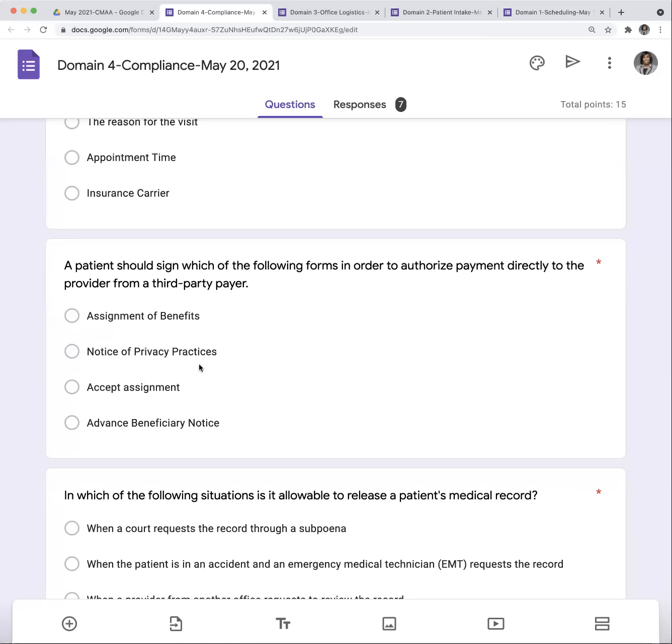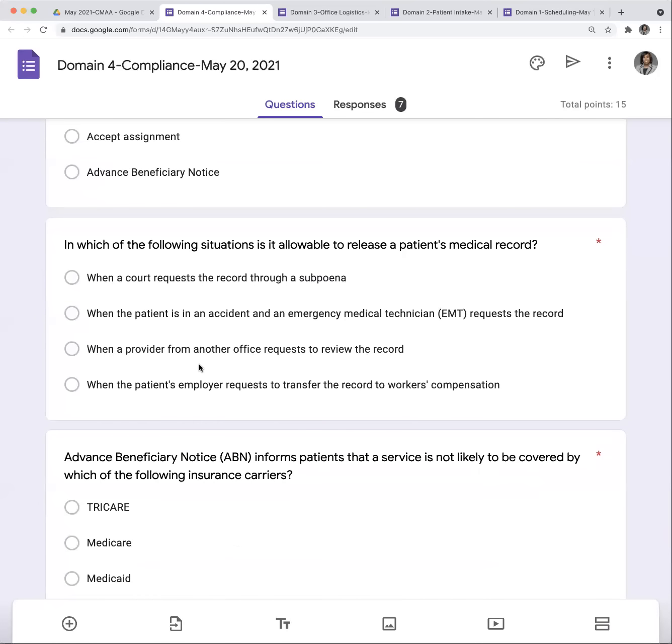In which of the following situations is it allowable to release the patient's medical record? When a court requests a record through a subpoena.